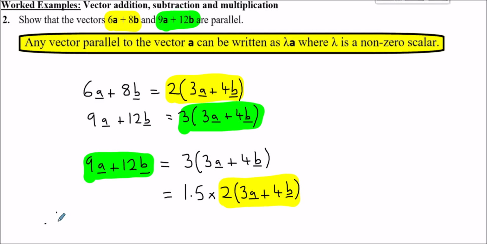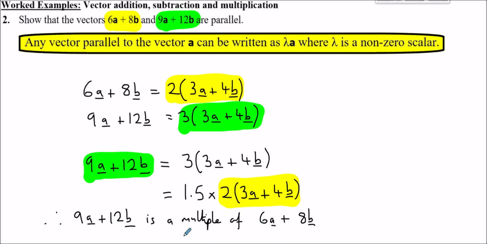Therefore, 9a plus 12b is a multiple of 6a plus 8b. And this therefore implies that 9a plus 12b and 6a plus 8b are indeed parallel to one another.